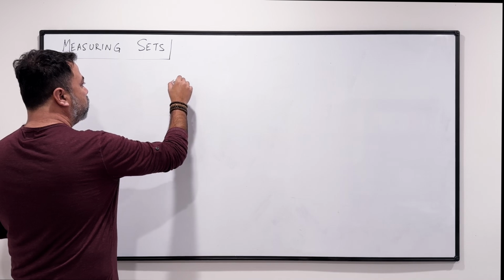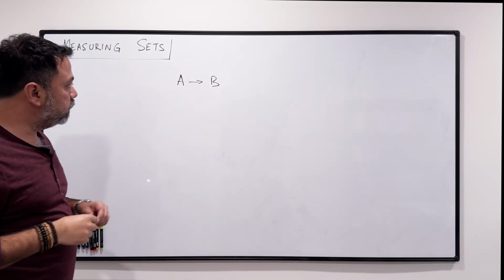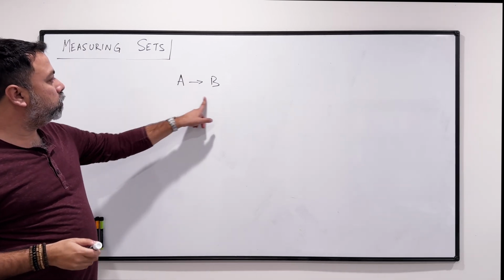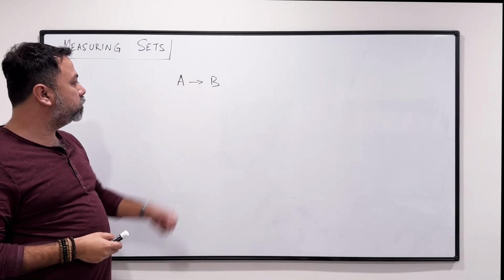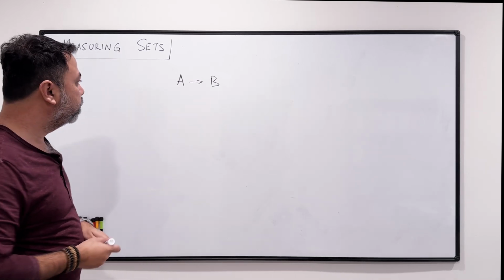So suppose I have a function that, okay, so let me define what this set is. This is a set of functions that takes elements of A to elements of B, all right?